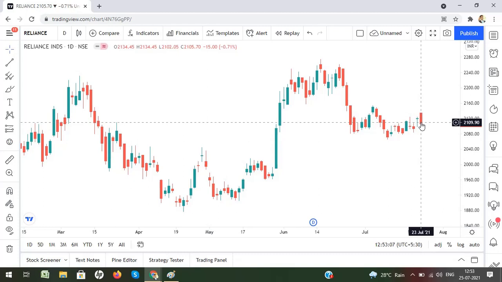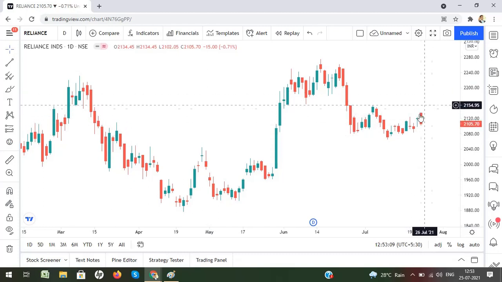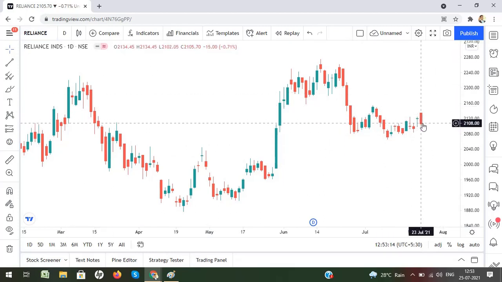Another interesting point: this candlestick which formed on Friday on the daily price action does not have an upper wick or an upper shadow, and there is a reason for that. In your price points, what is the opening price? 2134.45. What is the high price? 2134.45.